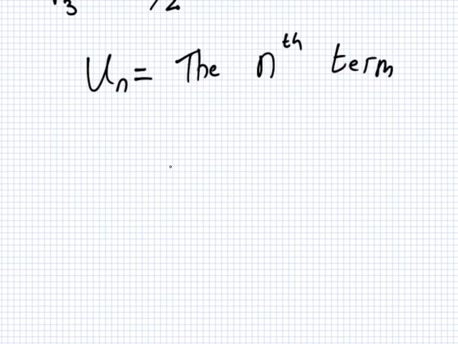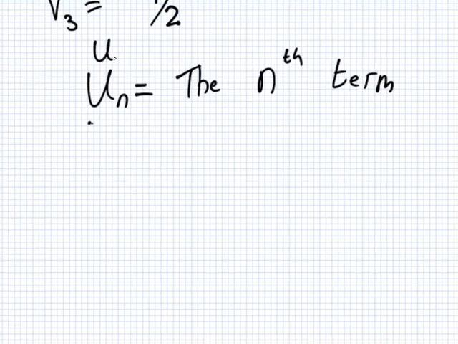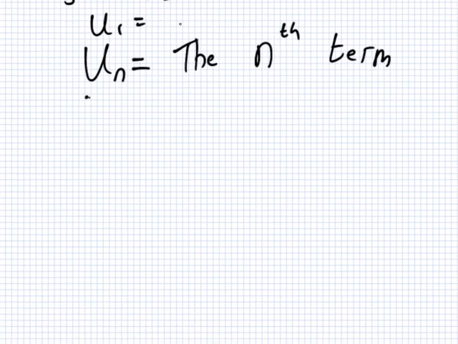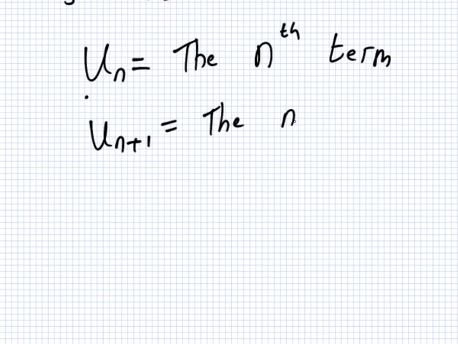Okay. So if this we call the nth term, for example, and this one here, U1, is the first term, for example, what would this be? U(n+1). The (n+1)th term. But in simpler English, what does that represent compared to n? You could say that is the next term. Right? It makes sense. So then likewise, what would be U(n-1)?